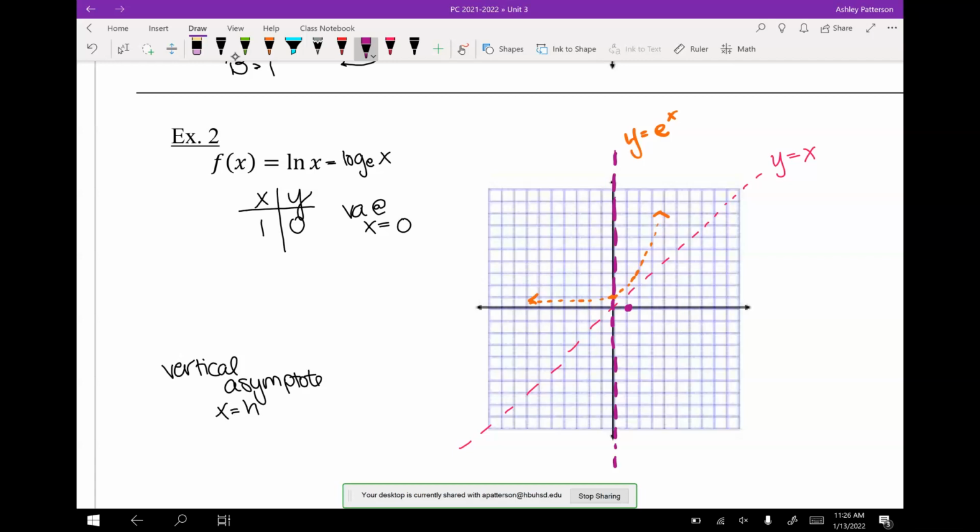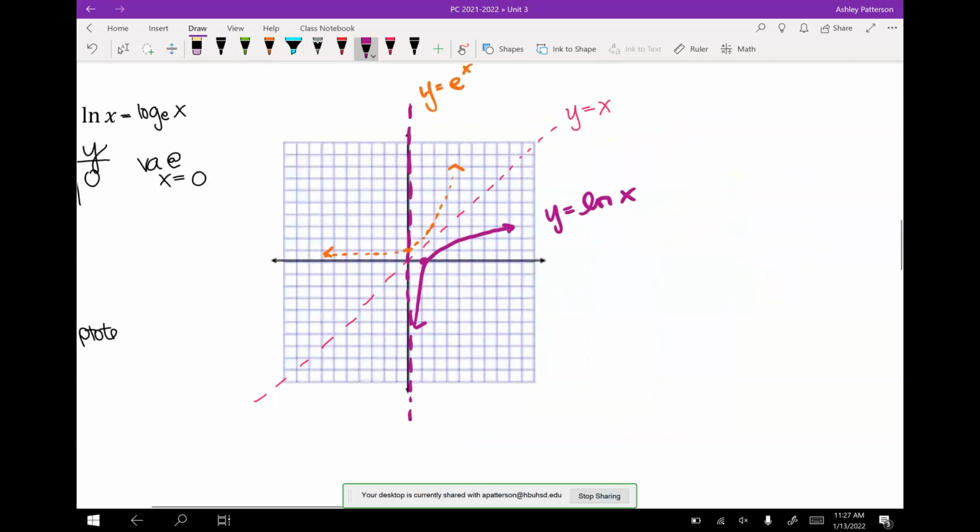So we're going to use the reflection to help us build the shape. It should get close to the vertical asymptote, and then it should extend to the right so that it is a mirror image across y equals x. That is the shape of the natural log of x. Do you have to do this every time? No, but I think it's a nice introduction to what the shape should look like.